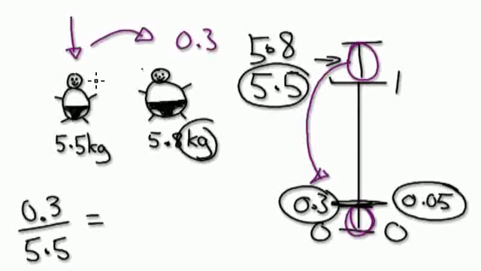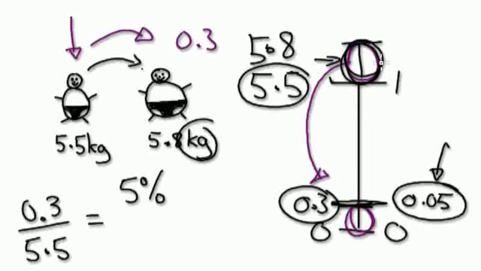So here the weight has increased by 5%, because 0.05 is 5%. So get the expansion or whatever the actual increase is, and then compare that to the original. And remember, the original is here, not up here. The original is here.